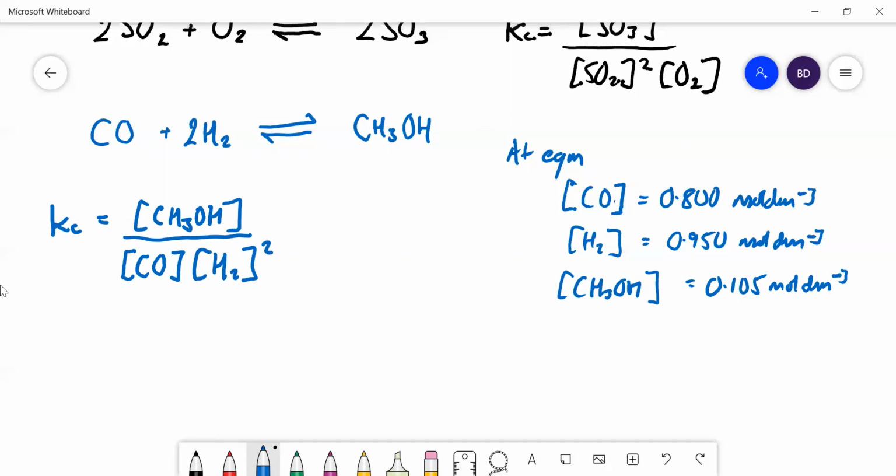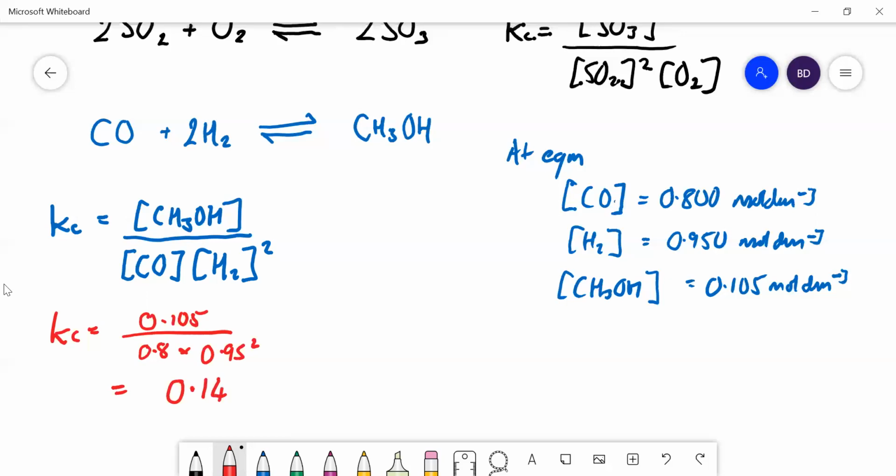So we put the numbers in there, and we find that Kc is going to be equal to 0.105 divided by 0.8 multiplied by 0.95 squared. So just put that into my calculator, and we find that is equal to 0.145.